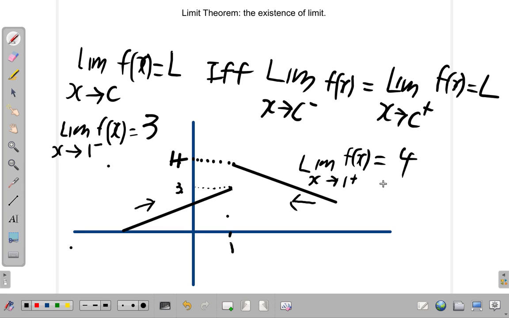You see that? Now in this case, the limit of f of x as x approaches 1 actually does not exist, right?